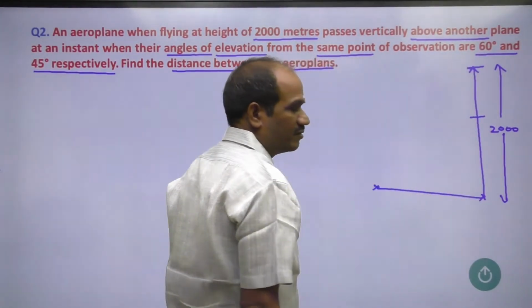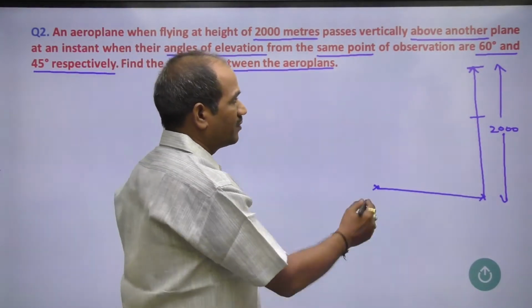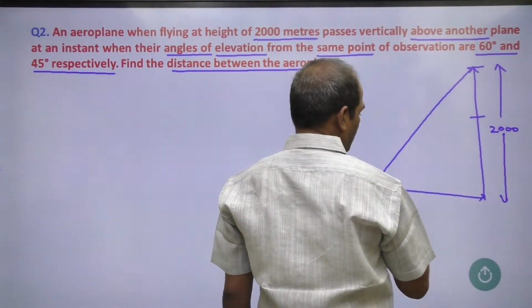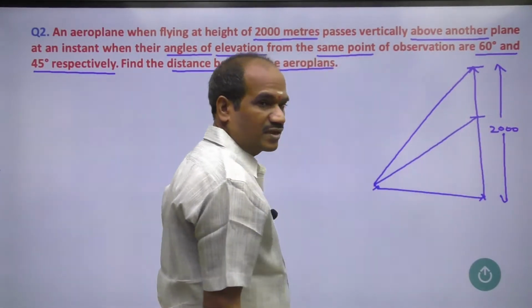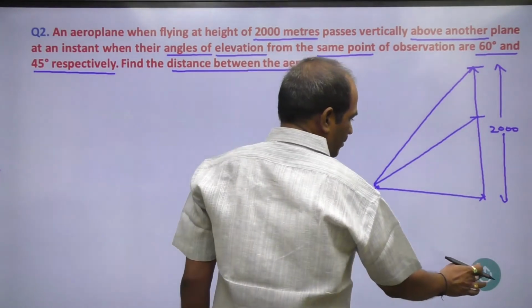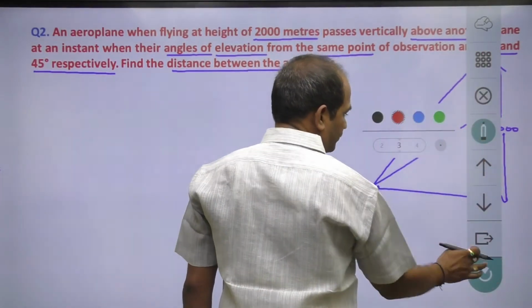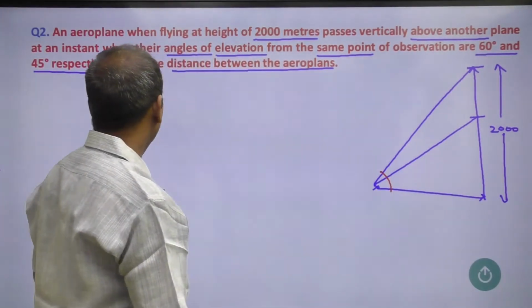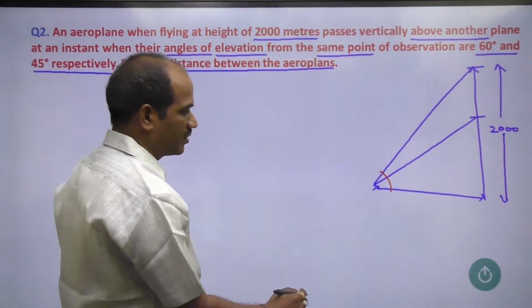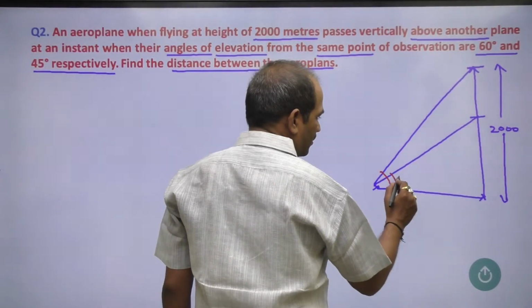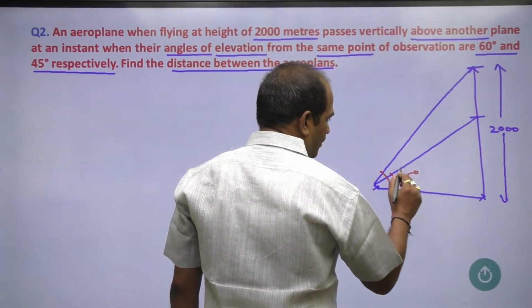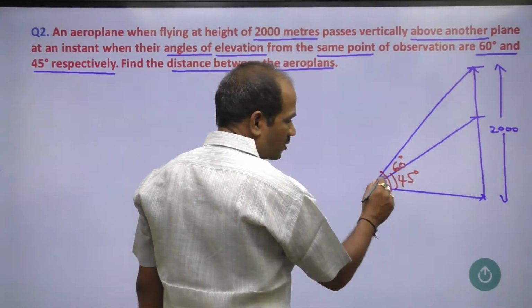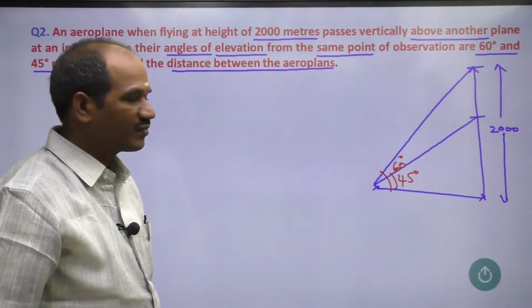The angle of elevation of the first plane is 60, and the second plane is 45.